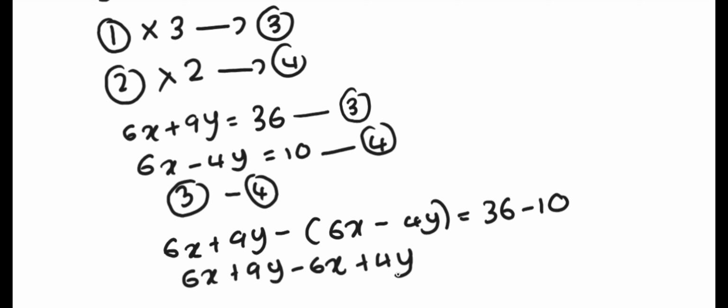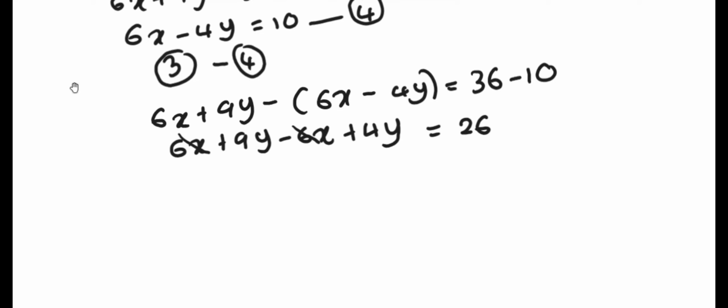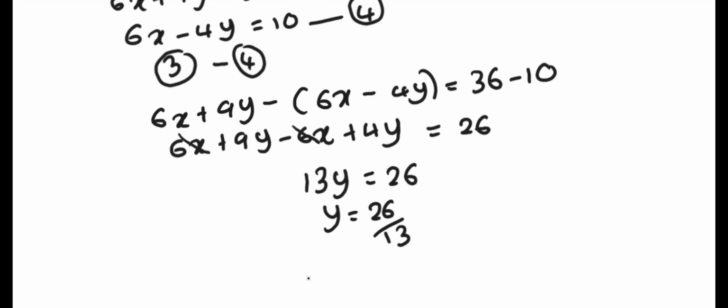When minus is multiplied by minus, it becomes plus, okay. 36 minus 10 is 26. And here plus 6x cancels with minus 6x, and 9y plus 4y is 13y equals 26. So y equals 26 divided by 13. y equals 2. We got the answer for y.